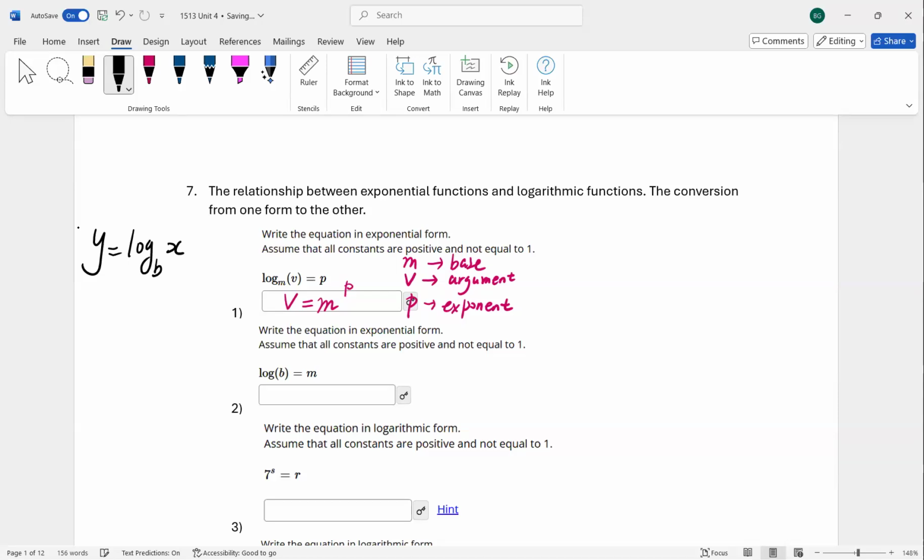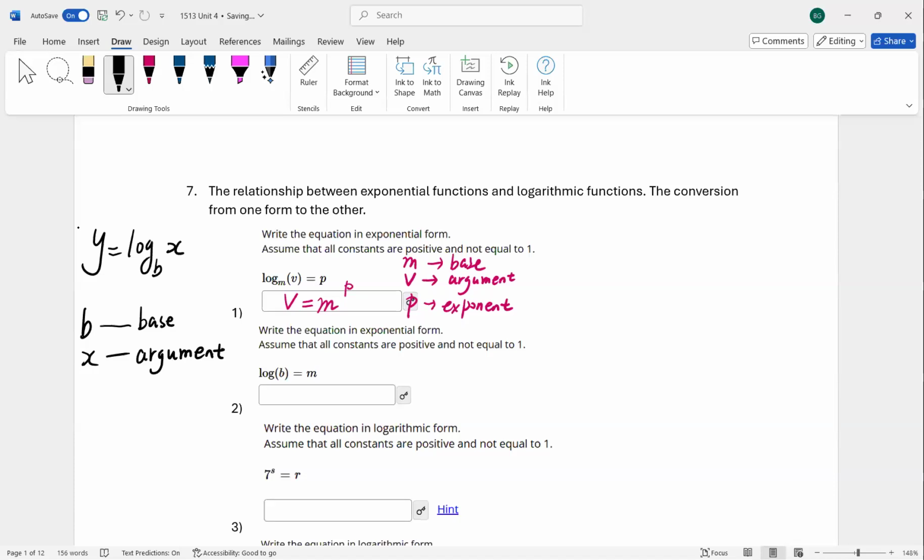The first part is the base, b. We need to know the names for the 3 parts in the equation that represents a logarithmic function. And x here is called the argument.